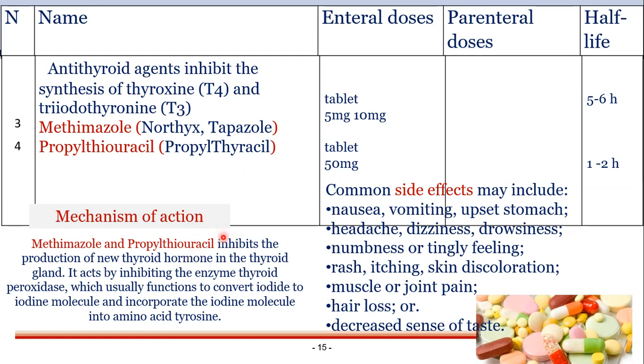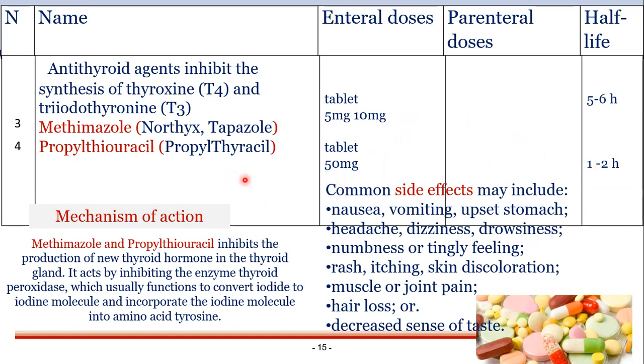Methimazole has enteral doses of 5 milligram and 10 milligram tablets, and a half-life of 5 to 6 hours. And propylthiouracil has enteral doses of 50 milligram tablets and a half-life of 1 to 2 hours.